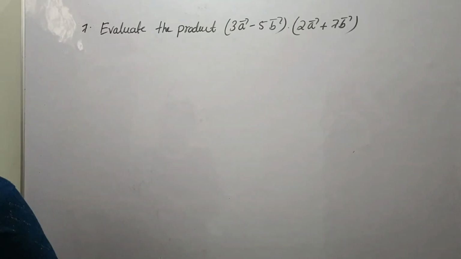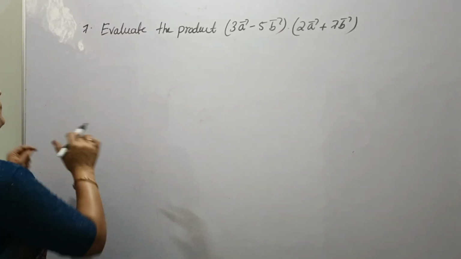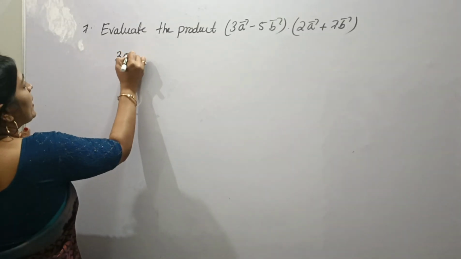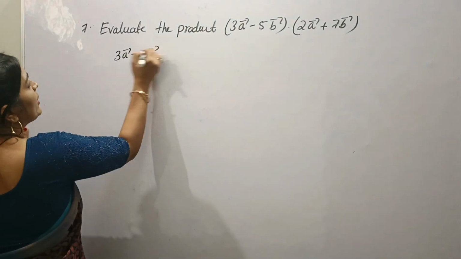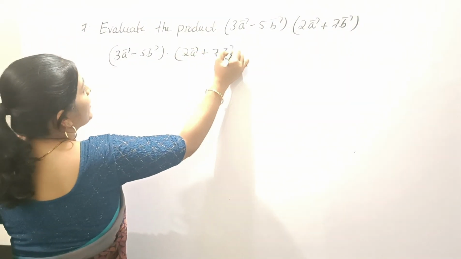Evaluate the product (3a minus 5b) dot (2a plus 7b). Okay, let's find (3a minus 5b) dot (2a plus 7b).